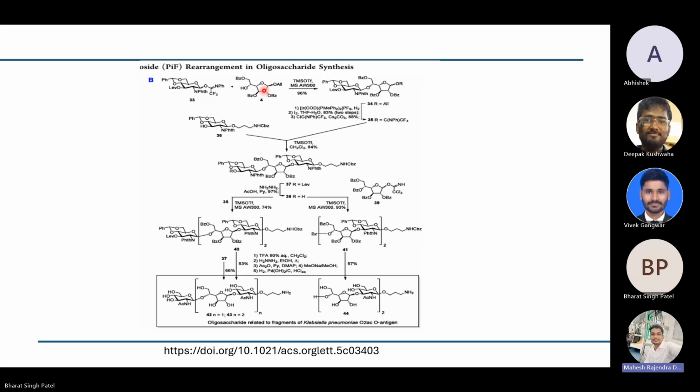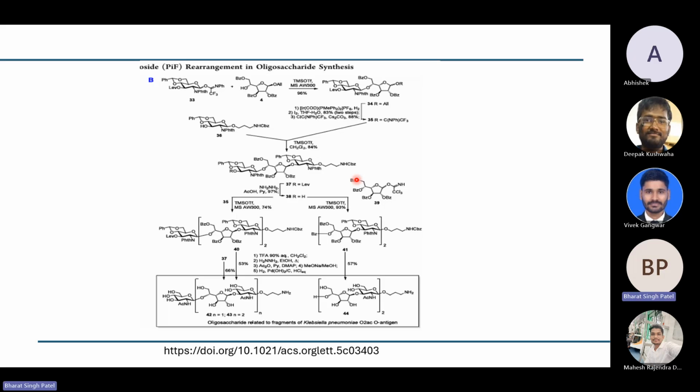See 33 and 39. They have used both the normal TCA, the trichloroacetimidate, and the trifluoro one also. This N-phenyl one is a little more stable, but there is no such difference in the reactivity. Both are very good donors. Something in selectivity?